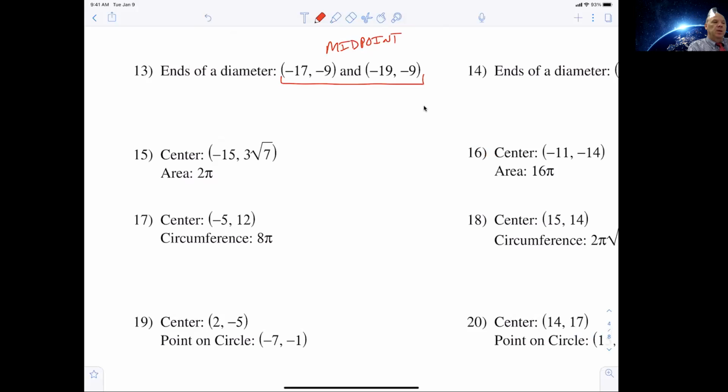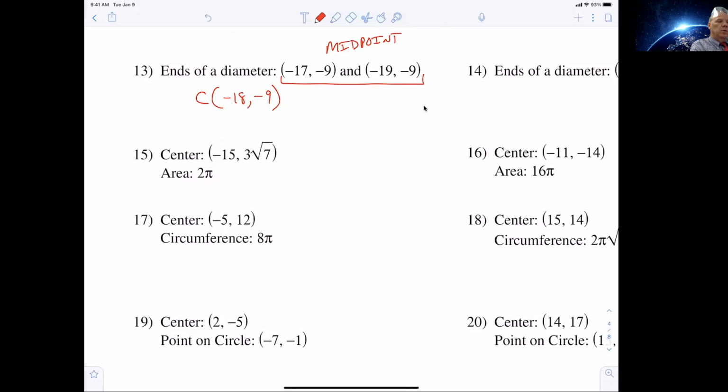All right. Now, obviously, from negative 17 to negative 19, the middle of that would be, right, so the center is negative 18, comma, negative 9. All right, negative 18, negative 9. All right, so now I want everybody to write down, somebody tell me what the first half of the equation is.